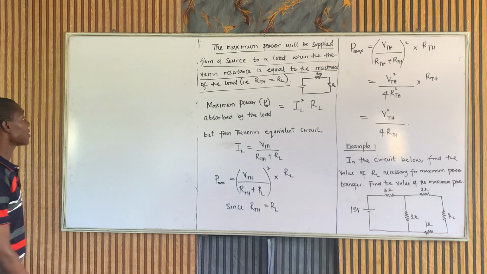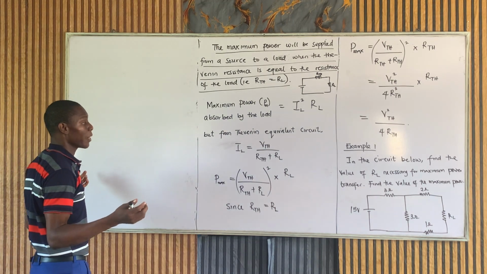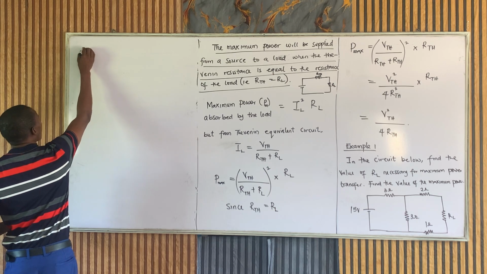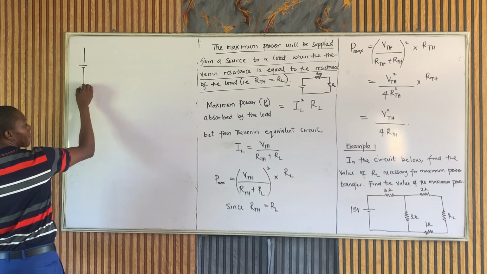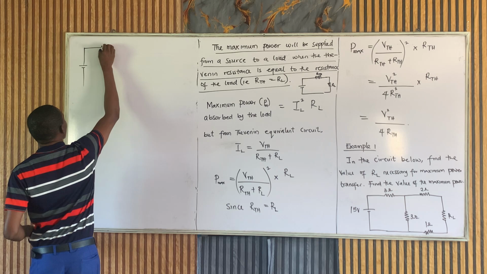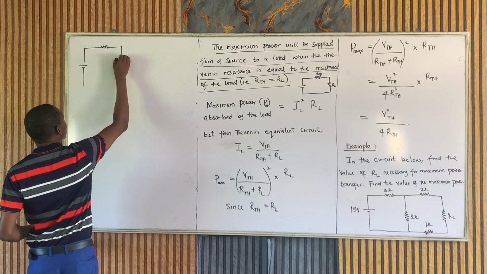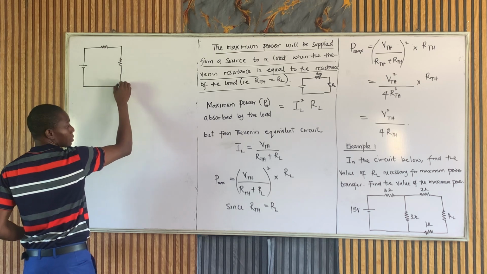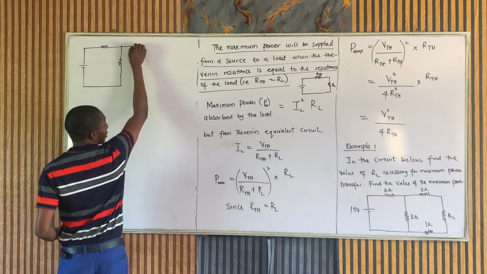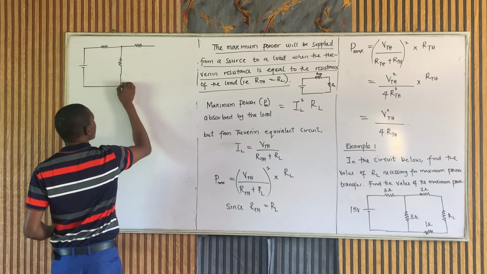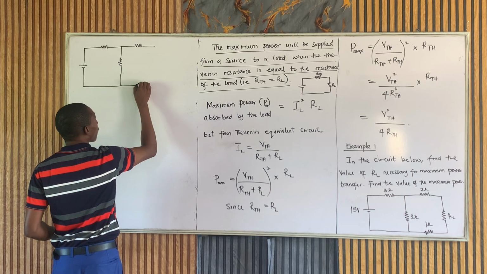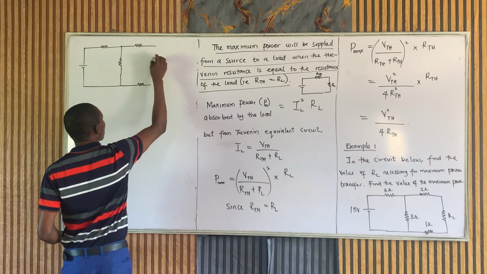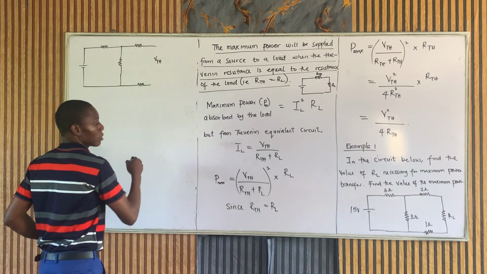To get our VTH, the first thing we're going to do here is to remove the load, and we do that by open circuiting, not short circuiting. We're looking for the open circuit voltage, which is our VTH.